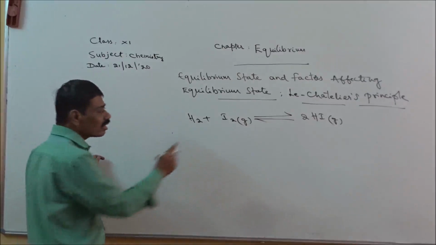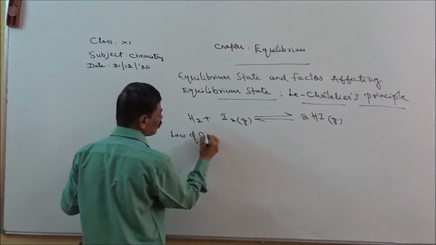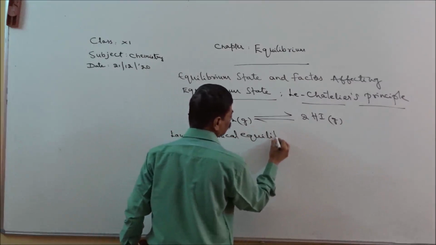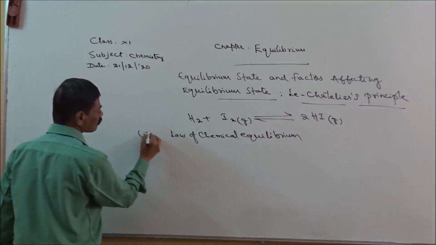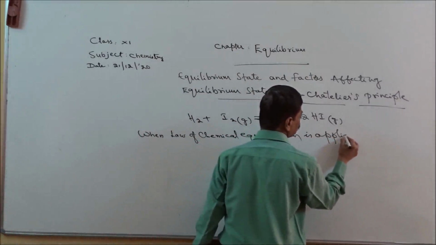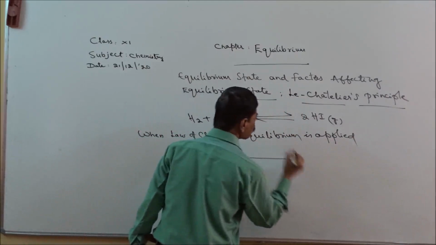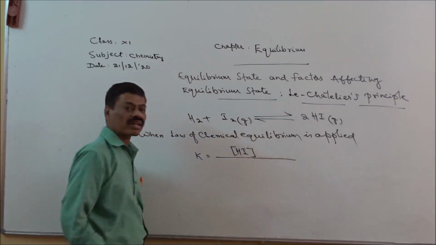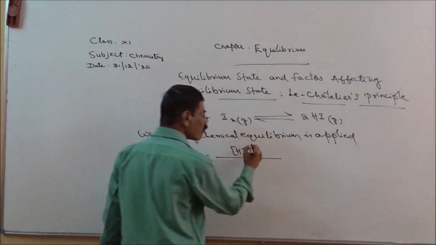Now, if we apply the law of chemical equilibrium, we will get K is equal to the molar concentration of hydrogen iodide. Now, stoichiometric coefficient means we need to take the number of moles of this product in the form of a power.